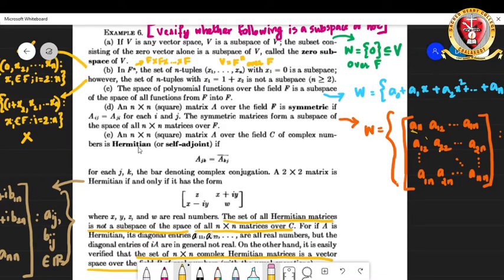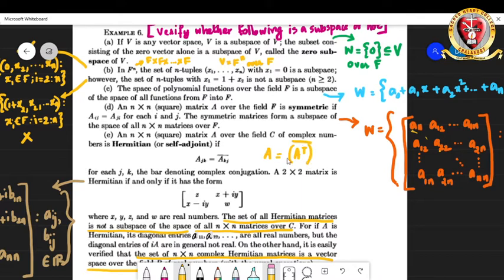Now, the fifth one we are going to mention: first of all, we'll just define what a Hermitian matrix or self-adjoint matrix is. Such matrices are matrices with entries coming from the set of all complex numbers. The Hermitian matrices are those matrices such that, if A is a matrix, then A is equal to A transpose, the whole conjugate.